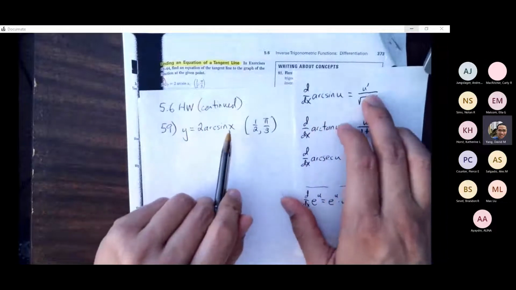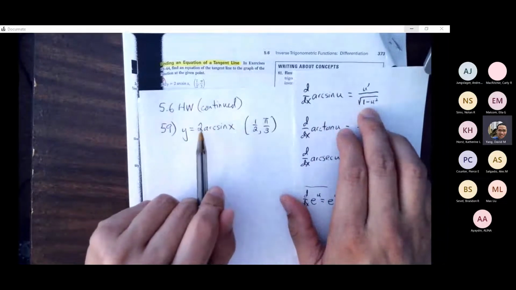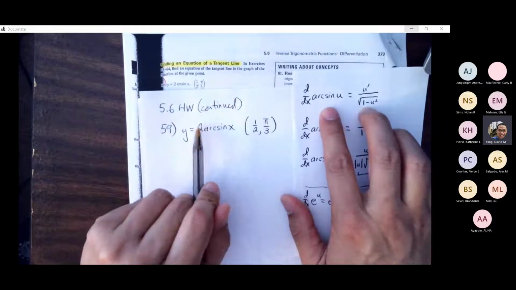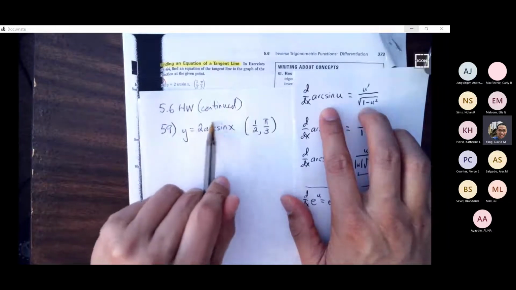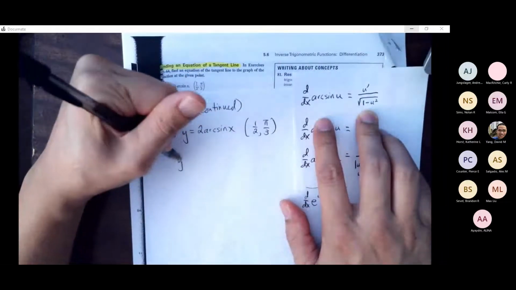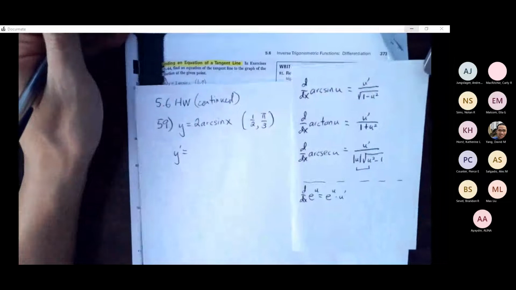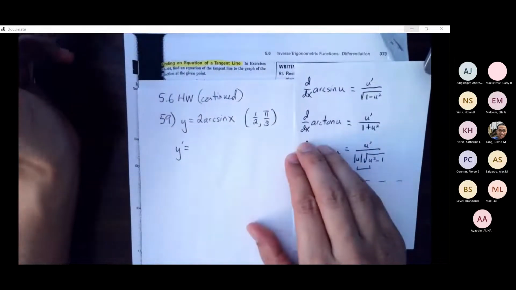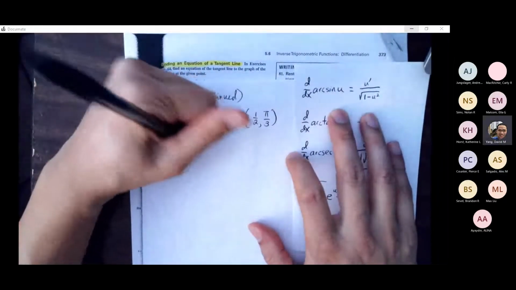2 arcsine of x, the derivative is u prime over square root of 1 minus u squared. The 2 is the coefficient, it'll just hang out in front. And the derivative is just going to be involving that arcsine of x. Okay, so the 2 stays.